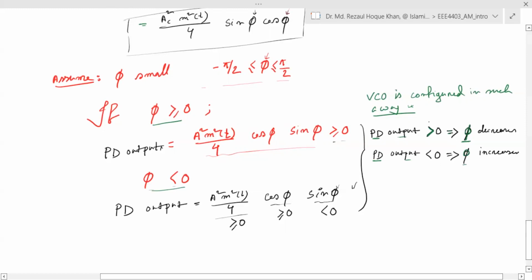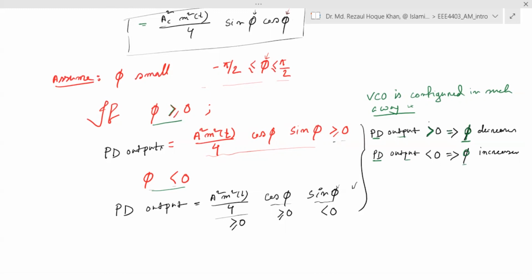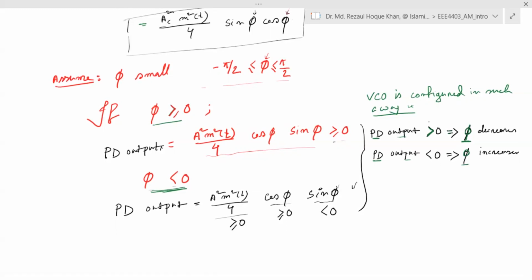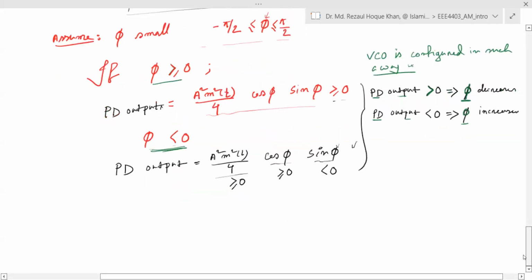If the phase becomes larger, the VCO makes the next instant phase a lower value, and if the phase is negative, then in the next instant the VCO makes the phase rise. So it always keeps the phase at a fixed value. It keeps minimizing.